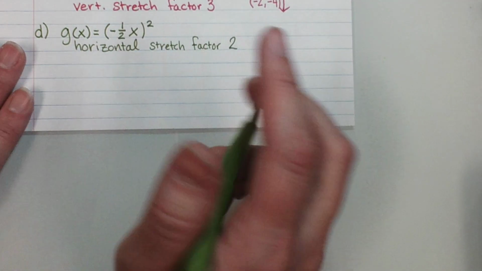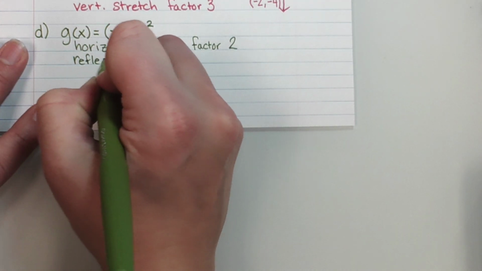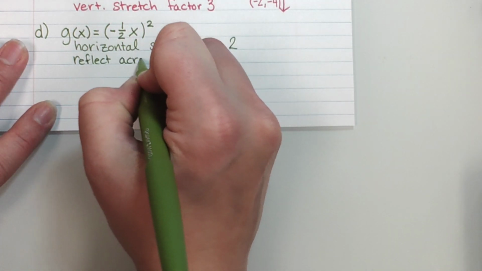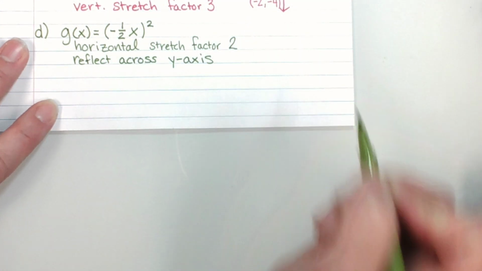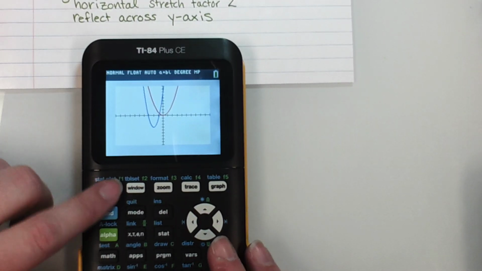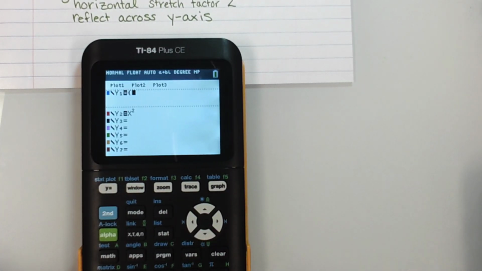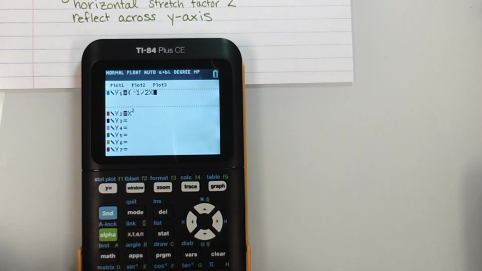Reflect across the y-axis. This graph tends to be the one that's the hardest for people to picture. Make sure you're putting the squared outside the parentheses.